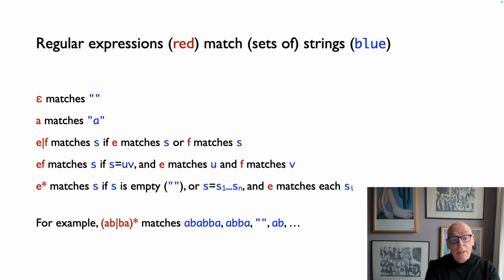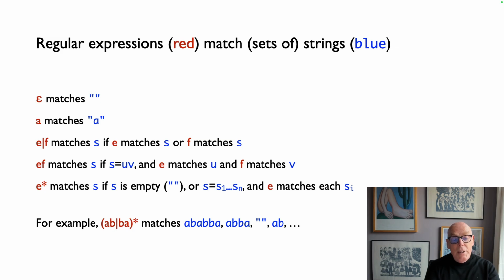And the third way we can do it is to say match something repeatedly. So E star says match E 0 or more times. So matching 0 times means it matches an empty string. Otherwise, you can split a string S into n parts and E matches each of those parts.